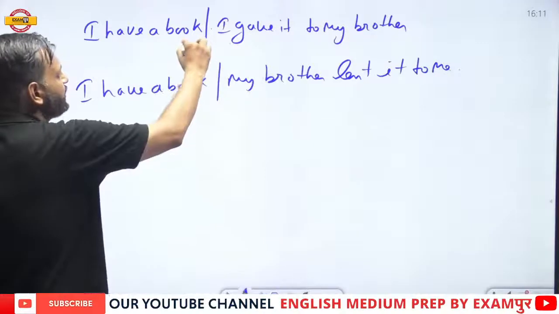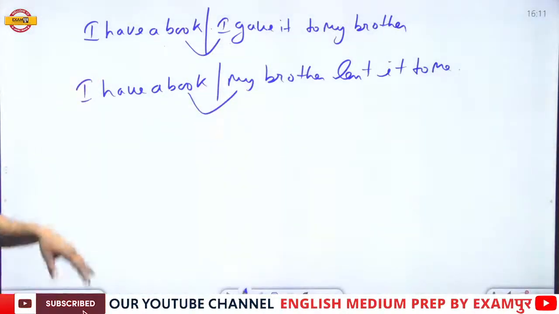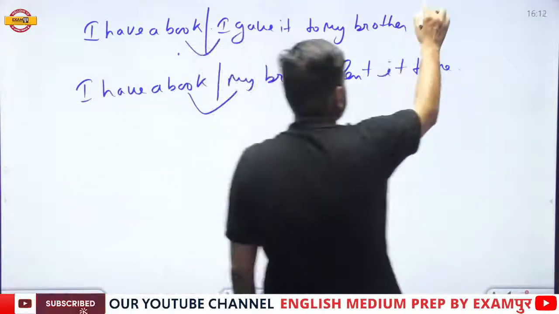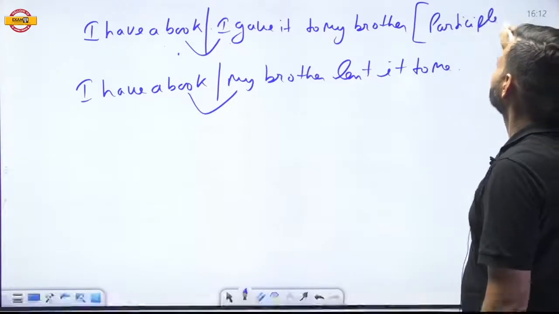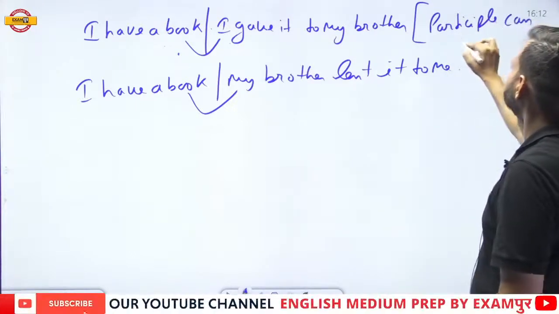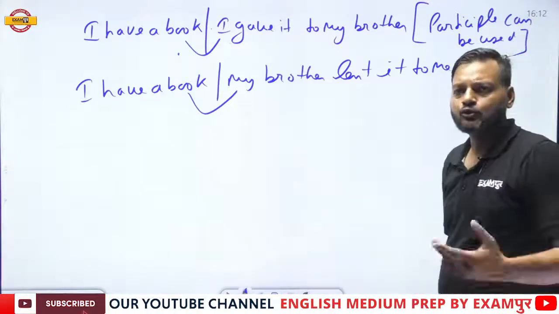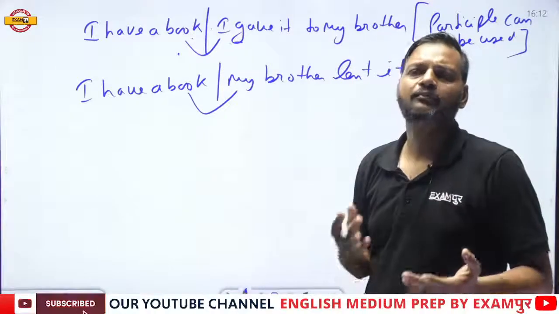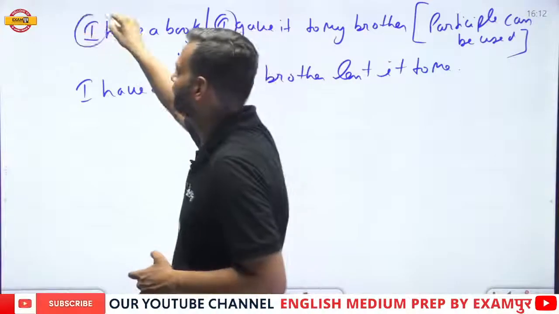So here we have two sentences, and here also we have two sentences. If you want to join these two sentences, you can use participle, because both the sentences have the same subject, that is I.